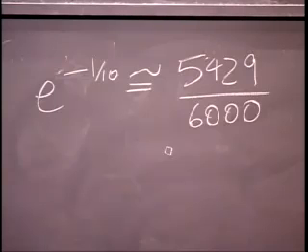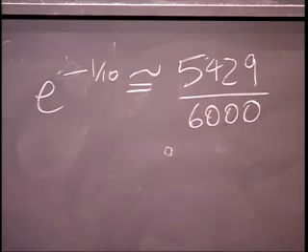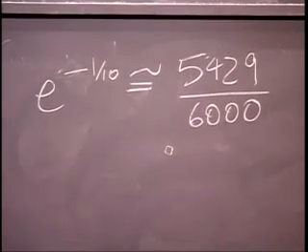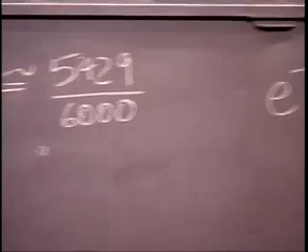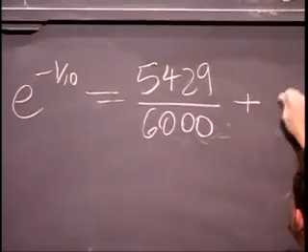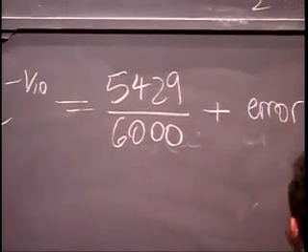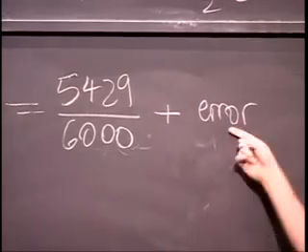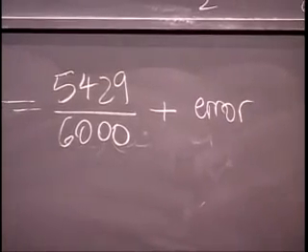Now I want to ask you, how close are these things? A good way to understand this is to write that e to the minus 1/10 equals 5429 over 6,000 plus something, which I'm going to call the error. It's how wrong I am. Hopefully it's small. As we saw, it is very small.